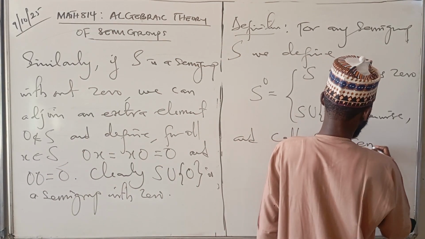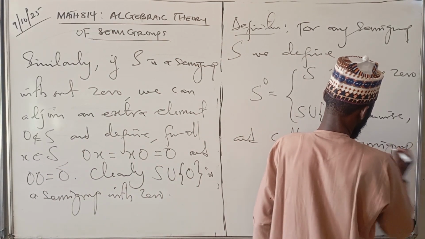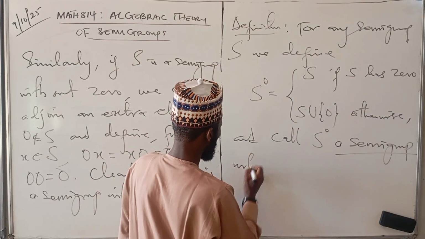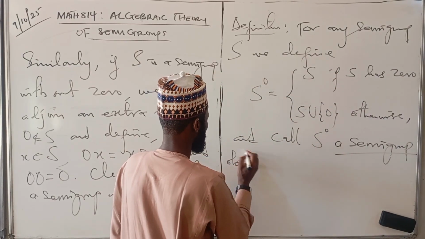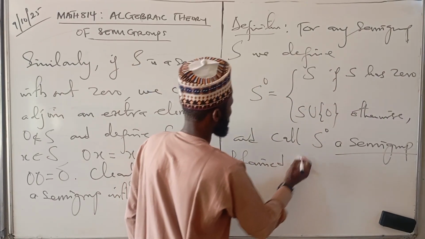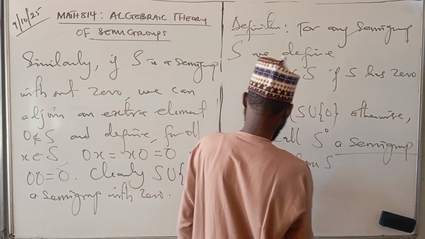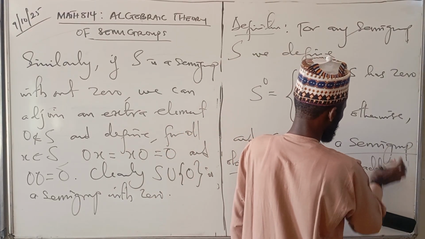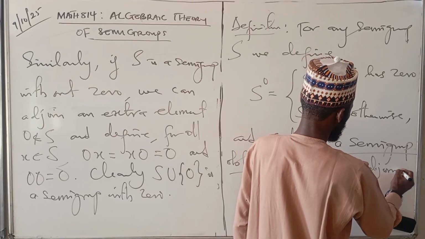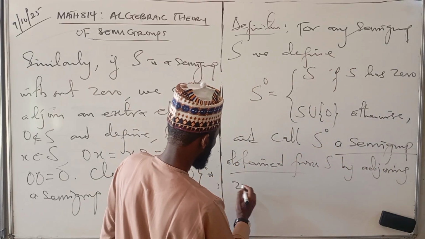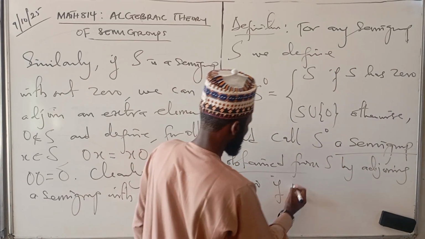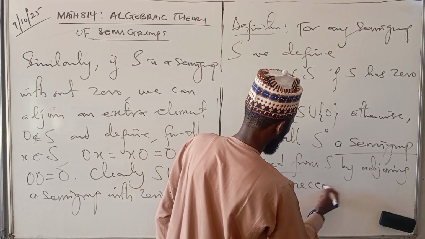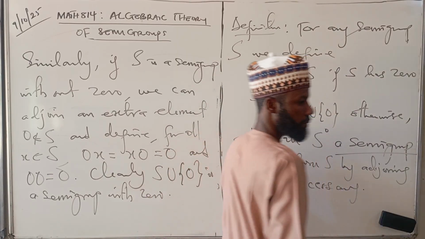So a semigroup obtained from S by adjoining 0 if necessary. Why if necessary?